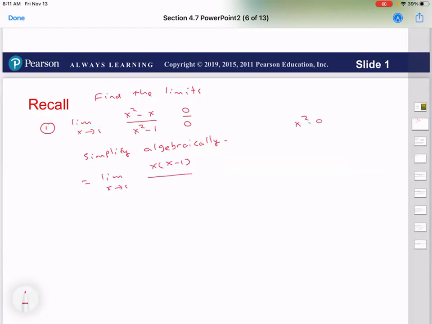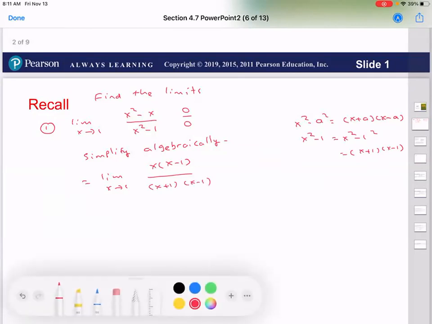Do you remember this formula? x squared minus a squared, difference of squares, that is x plus a times x minus a. So you can think x squared minus 1 is x squared minus 1 squared, which gives us x plus 1 times x minus 1. Okay, these are the small things you have to remember that help you speed up your work. Okay, so in the bottom we get x plus 1 times x minus 1.